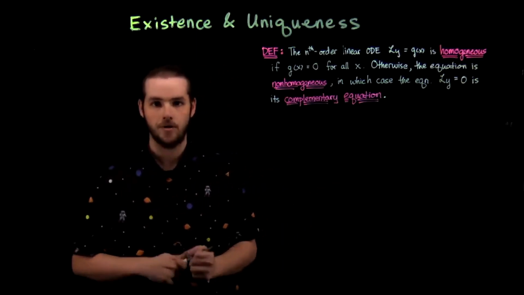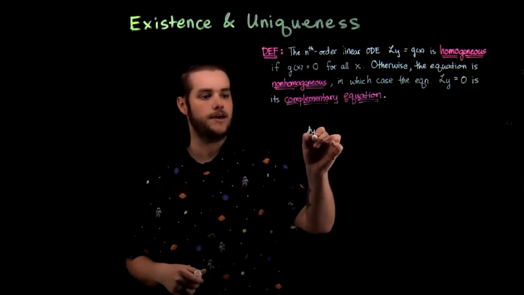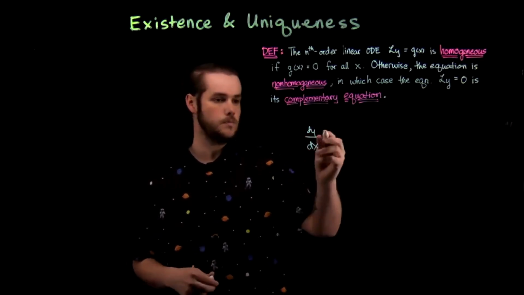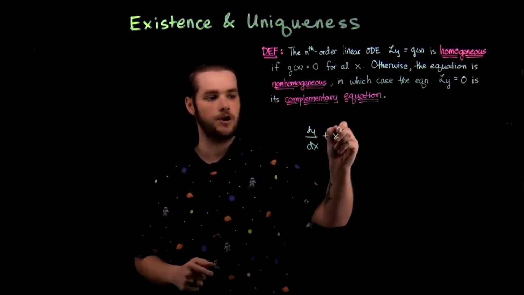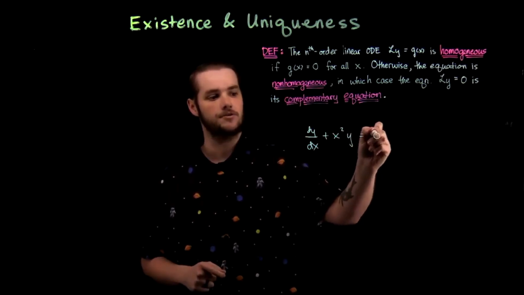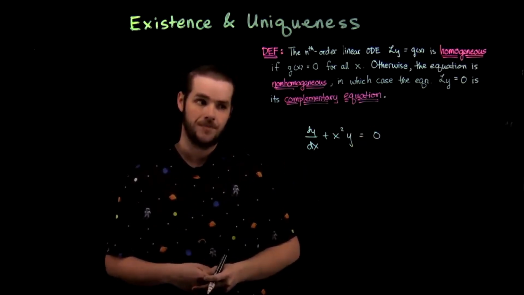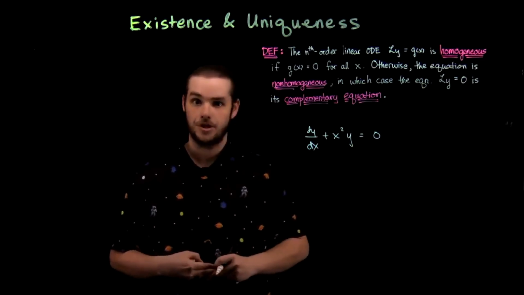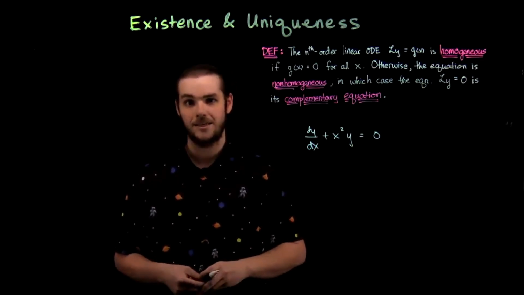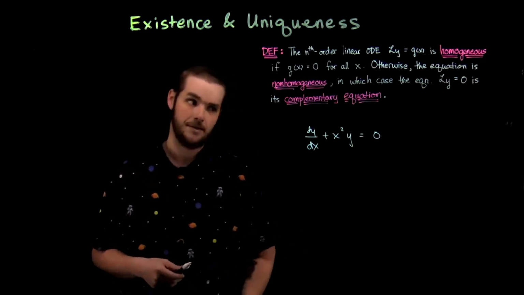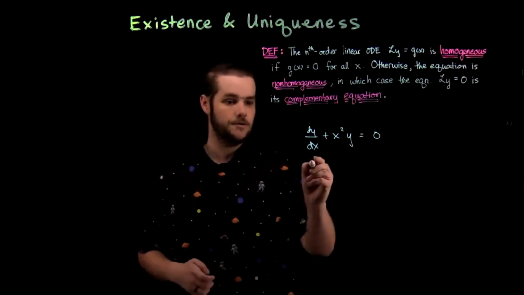To take a quick look at an example, if I had dy/dx plus x squared y equals 0, this is a linear first-order differential equation. It is homogeneous because the right-hand side is equal to 0. But I could fix that very quickly.